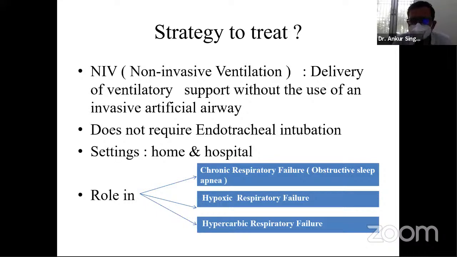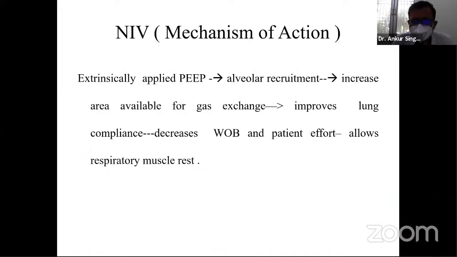What are the strategies to treat? I have already told you, delivery of ventilatory support without the use of invasive ventilation is called non-invasive ventilation. We are talking about the hospital management of these patients and how it is going to work.